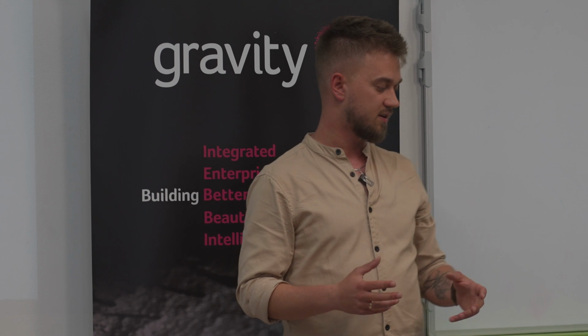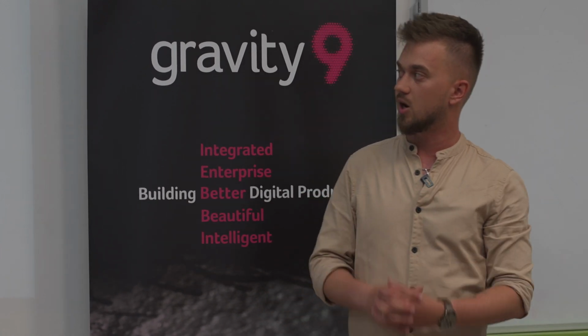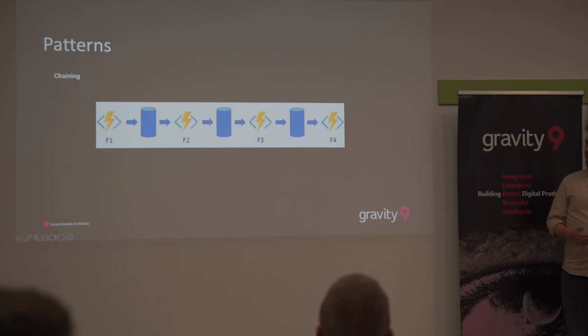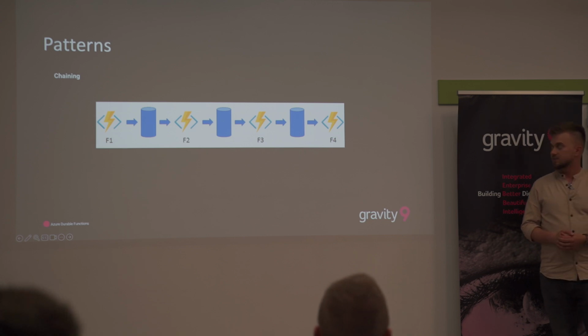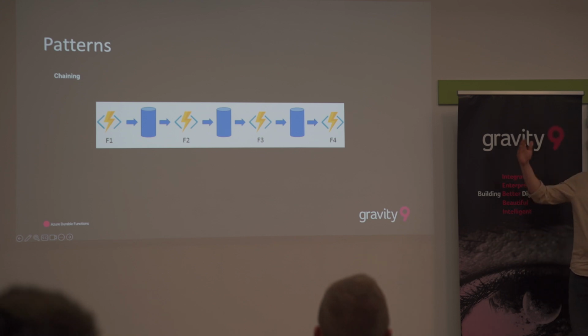It's rather six propositions, and those six options you can merge and adjust, customize to your needs. So chaining in the Durable Functions concept is kind of straightforward. You have multiple functions, and they are executed in sequential order.